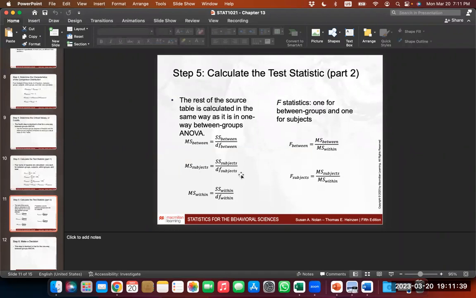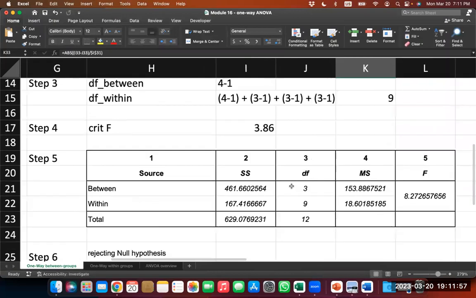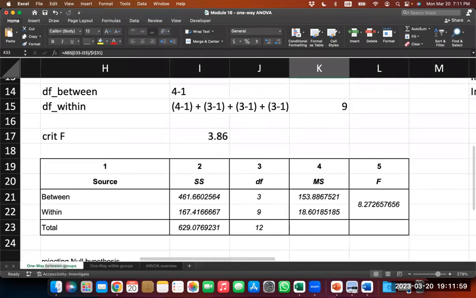And this is the variance of the subject. Because you have variability not only between the groups and within the groups, you also have now variability within the subject.